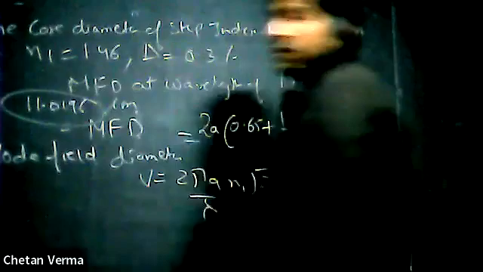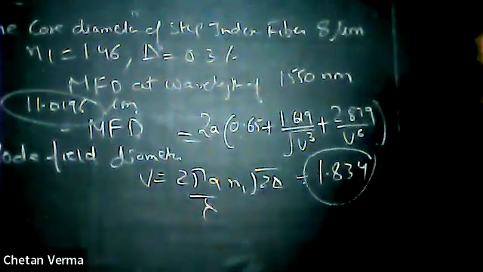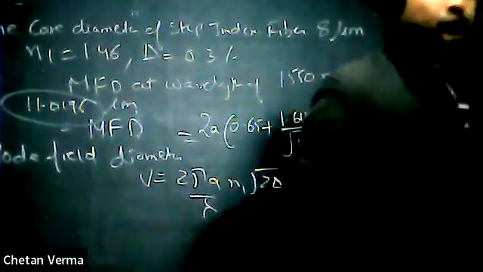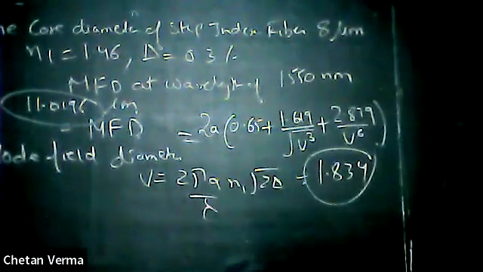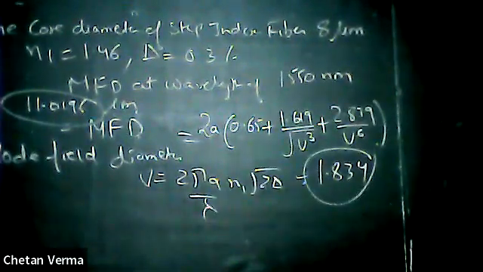That is a numerical based on mode field diameter. So now this is your numerical part as per the discussion with the dispersion parameters.